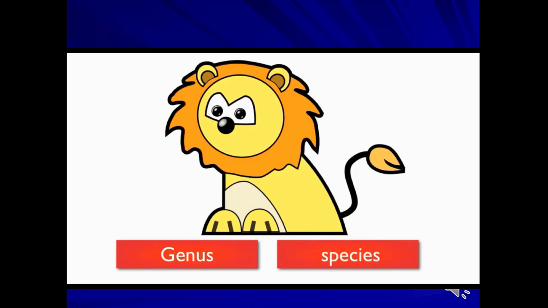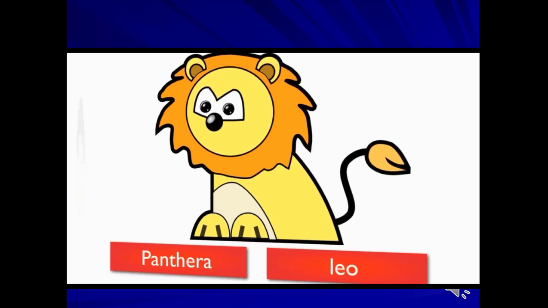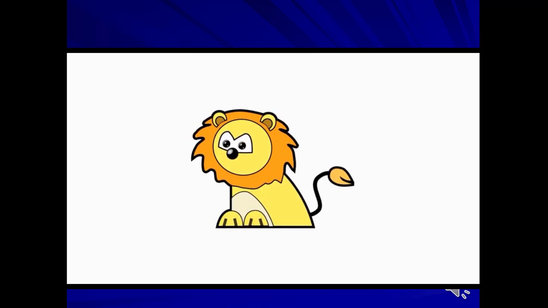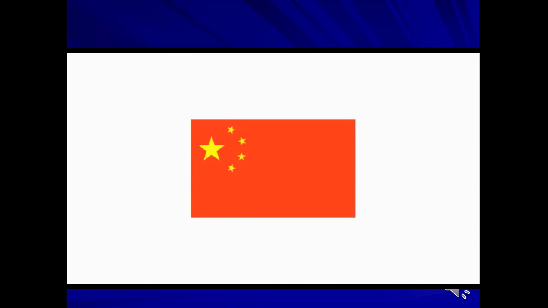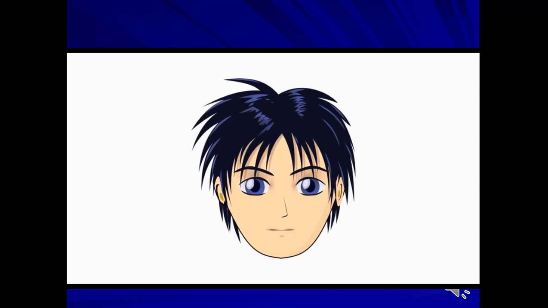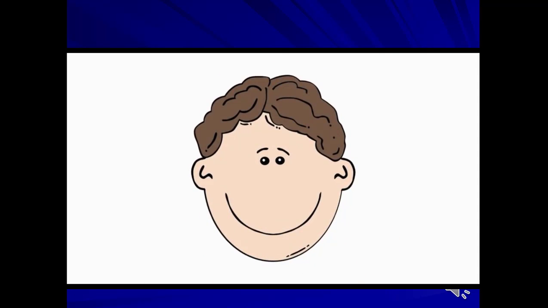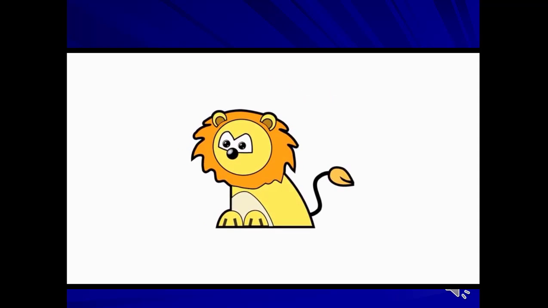So a lion is Panthera leo. So if you ever find yourself looking for lions at a zoo in China and nobody there is speaking your language, all you need to do is ask to see the Panthera leo and you will be sure to see the lions.